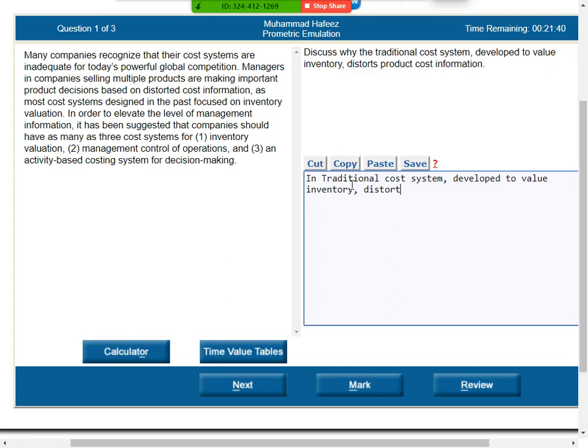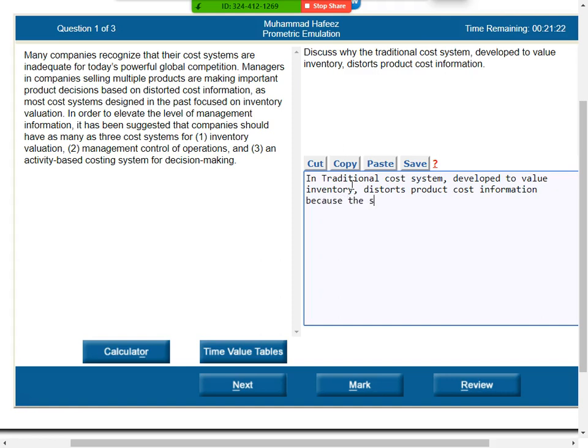I told you, distorts means it changes the shape of the cost composition. It distorts the product cost information because the system has certain weaknesses, and I'm going to discuss these one by one.